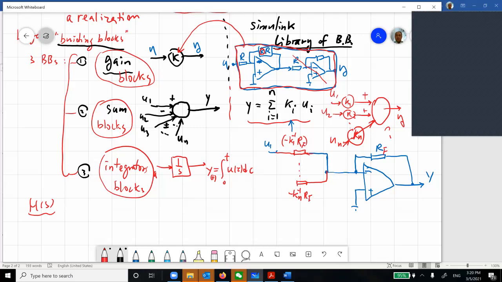So this is UN. Then you just add this one. So this to me is nothing but, it looks like KCL, right? But what if you say you don't like this negative sign here? Easy. You don't like it? It's okay. We just put a U1 and go through R. Then you have another R in here.